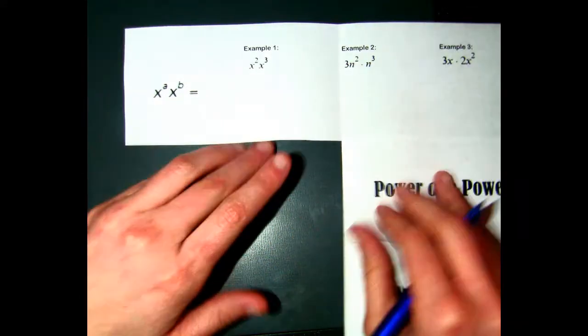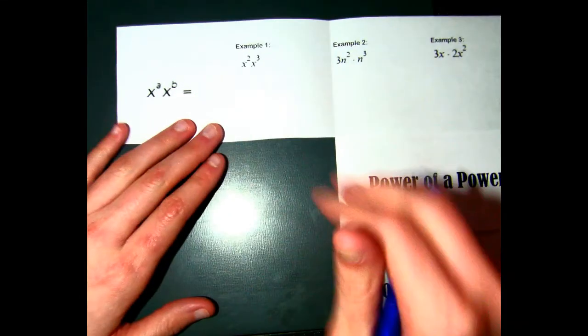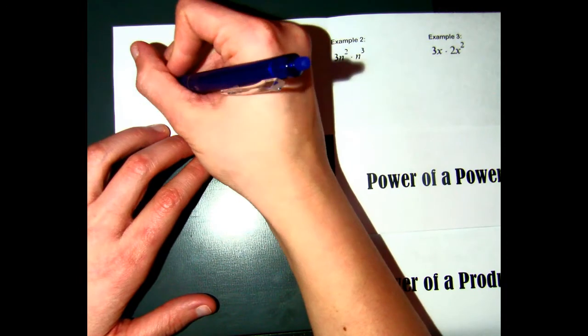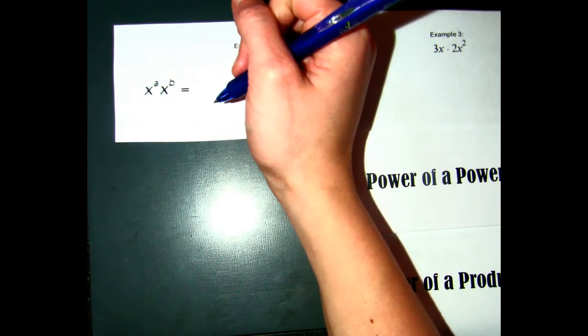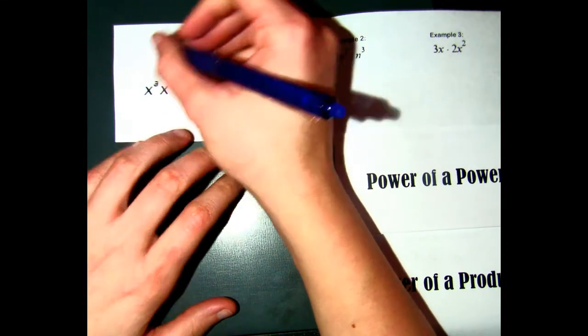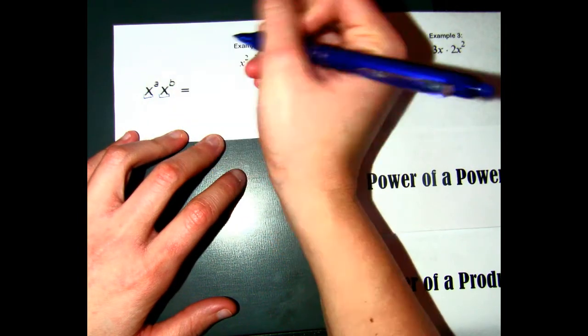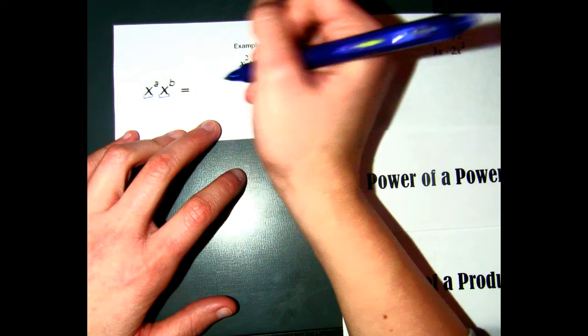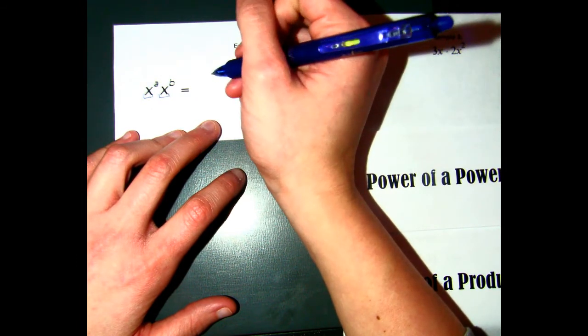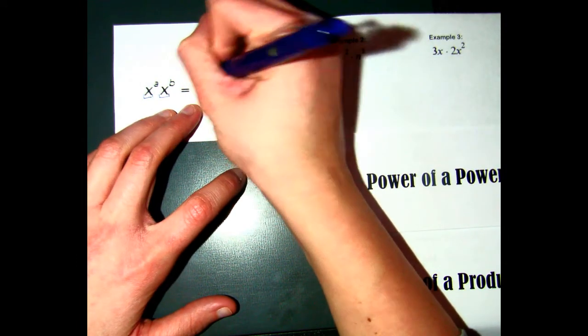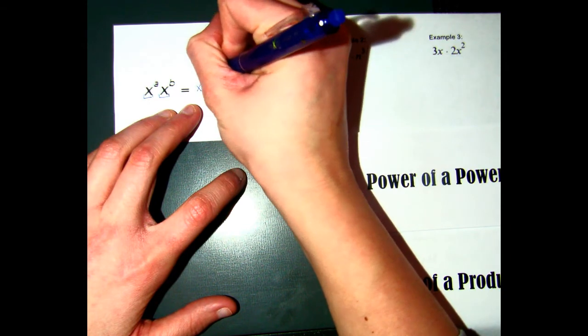The product of powers rule says if we have 2 expressions with the same base, they're both x's in this case, then we can add the exponents. They have to be the same base in order for this to work.